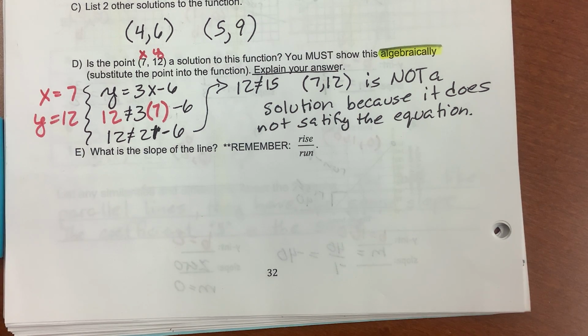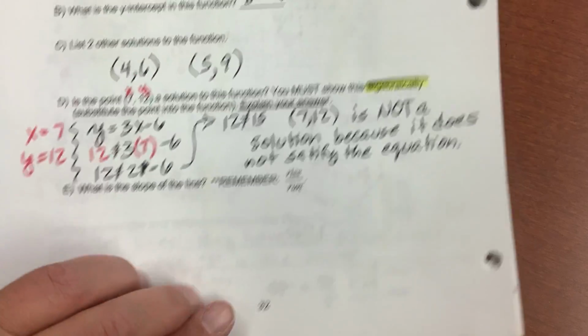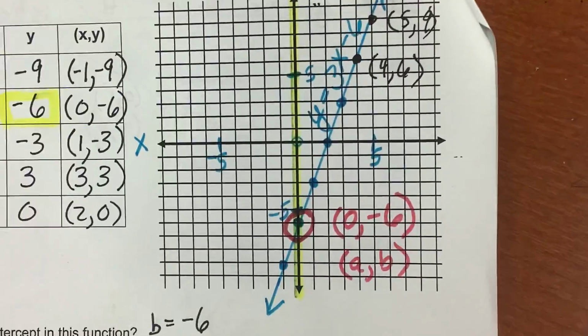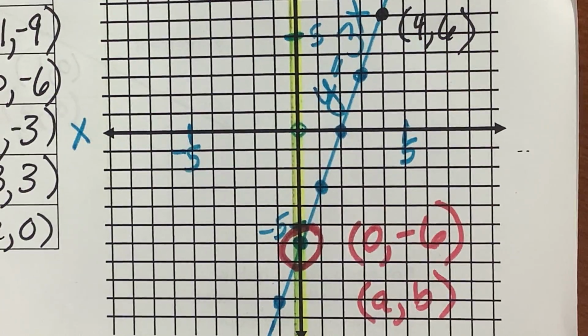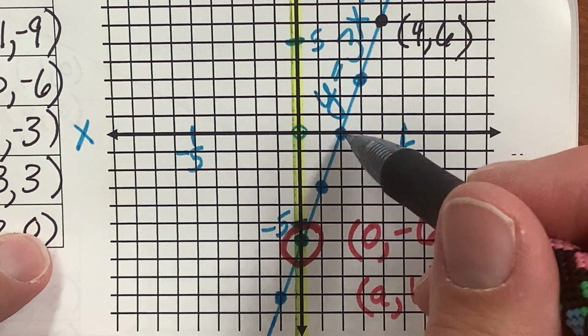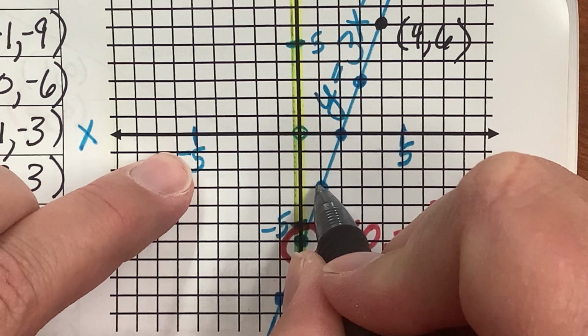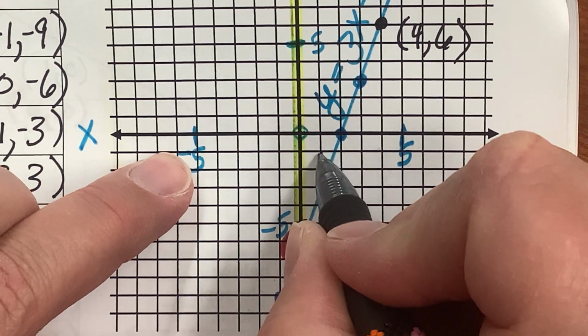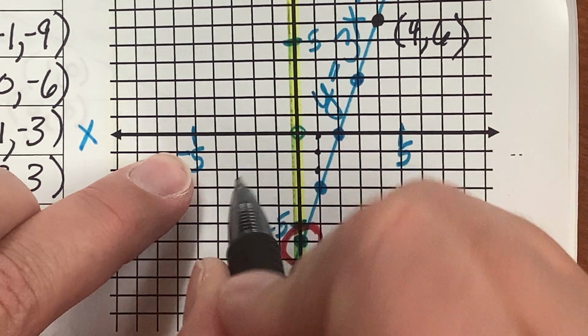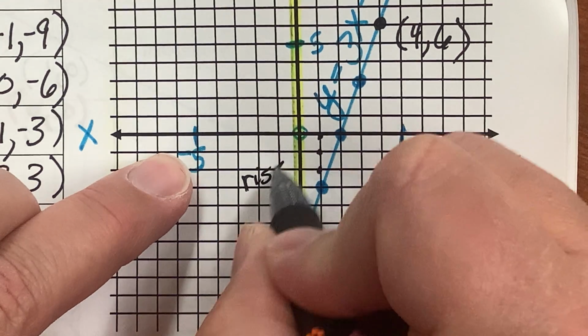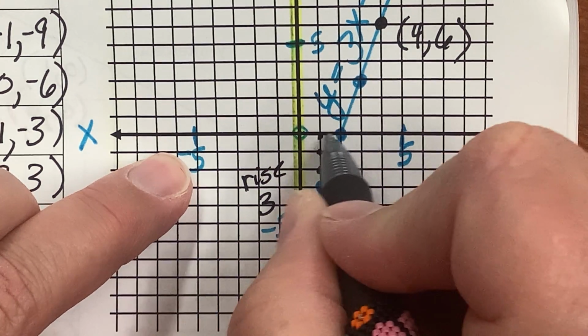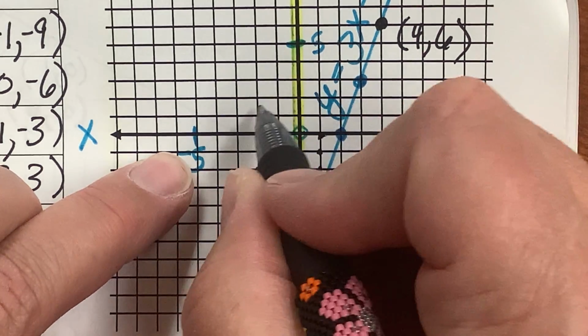What is the slope of the line? Remember, rise over run. So that means I'm going to come back over here to my graph, make it nice and big so everybody can see. I'm going to pick 2 points, and I'm going to count up and over. So rise, 1, 2, 3. My rise is 3. Run, 1.